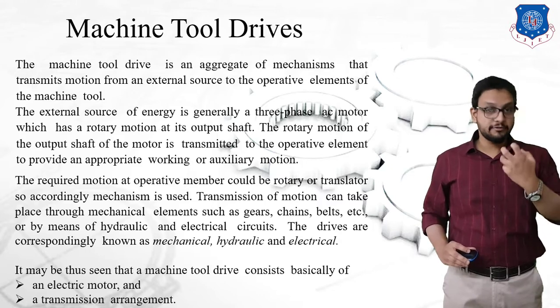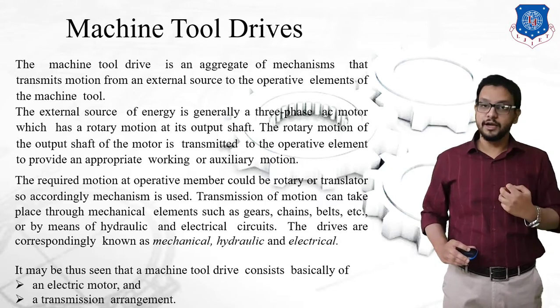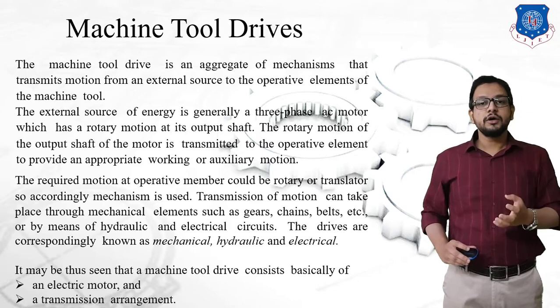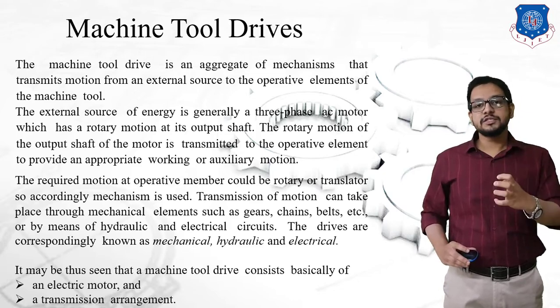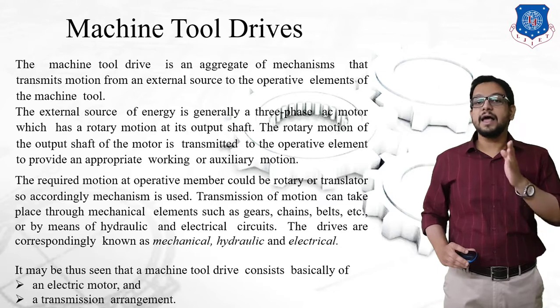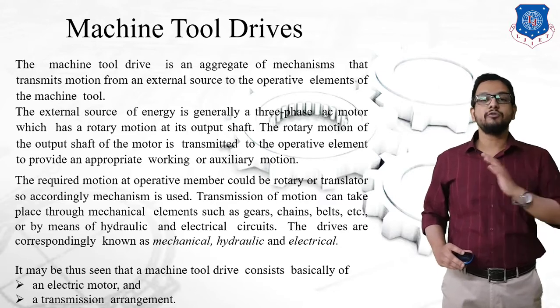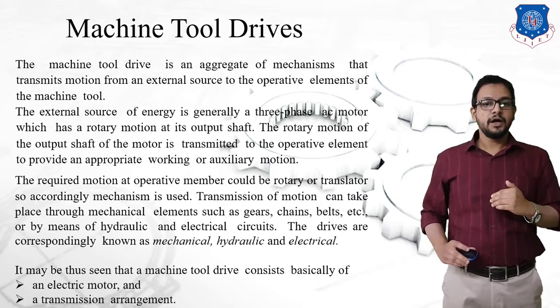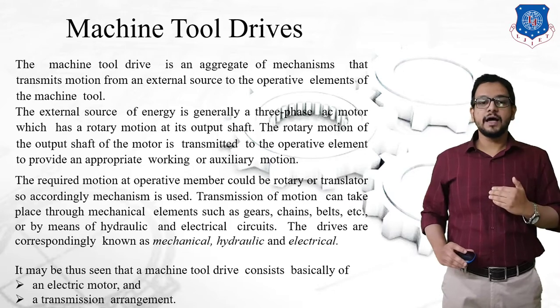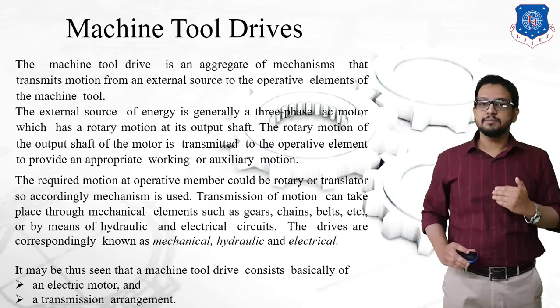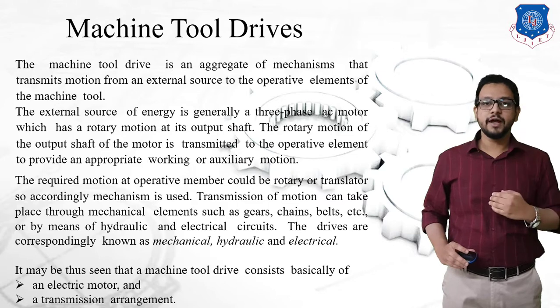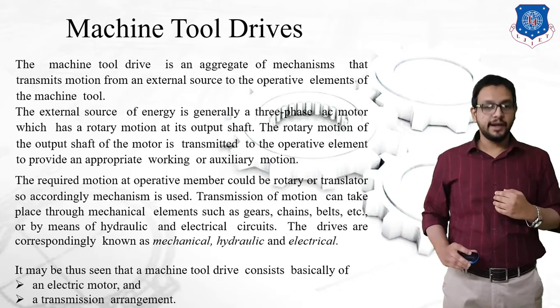Similarly, we are going to see electric circuits, that is the electric motor, and how we can use that. In most cases, we are going to see mechanical elements used as a drive to transmit mechanical power. From that we can say that the drives are correspondingly known as mechanical drive, hydraulic drive, and electrical drive.